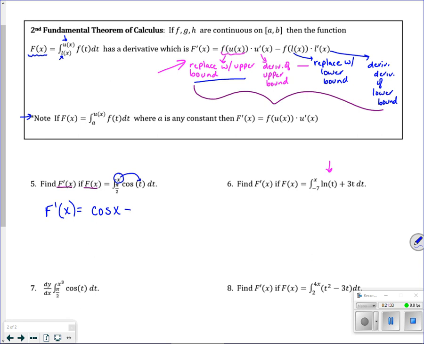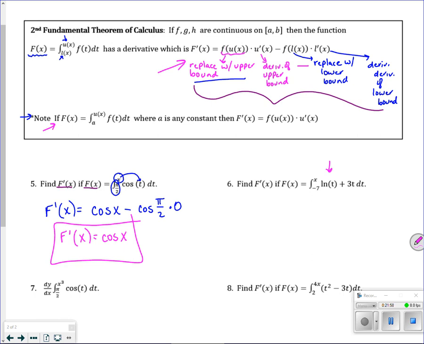Minus, if I replace with the lower bound, that would be cosine of pi over 2. Well, what's the derivative of the lower bound? That is a constant, so that would be 0. So what is f prime of x? F prime of x is the cosine of x. Now let's look at this statement, and I bet it makes sense.